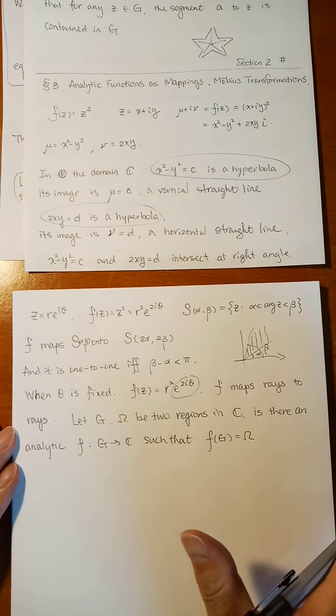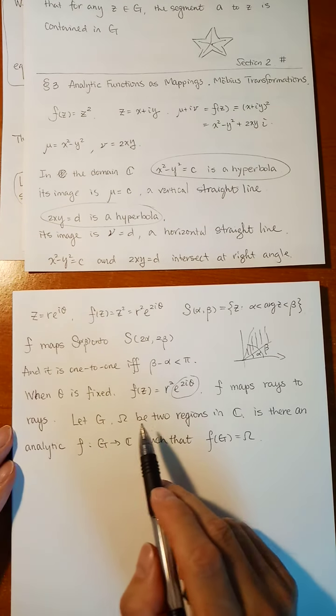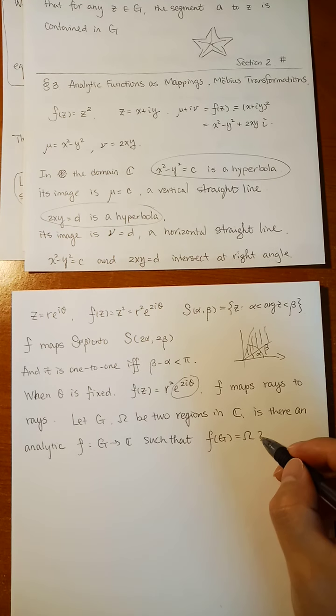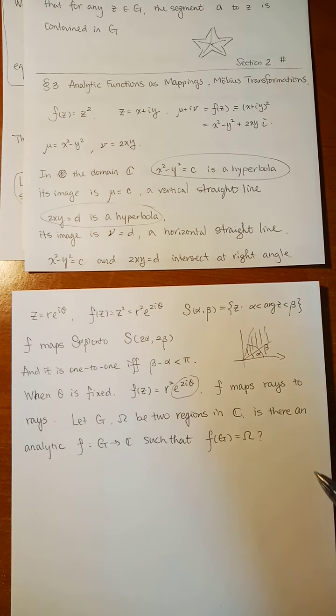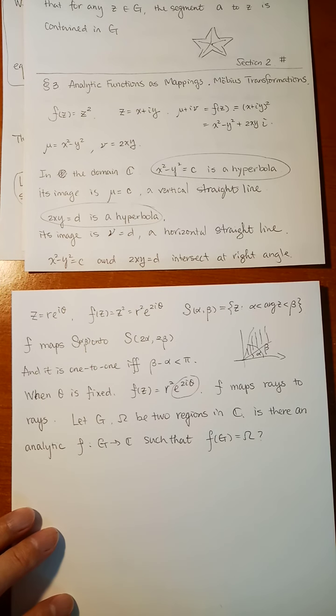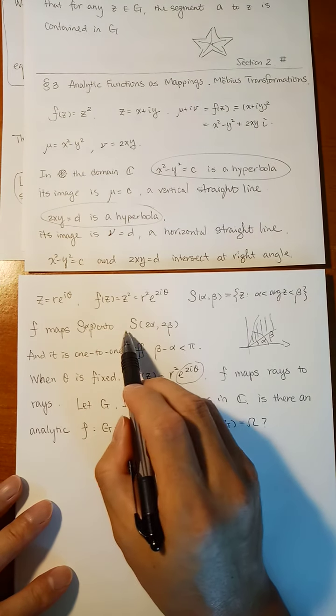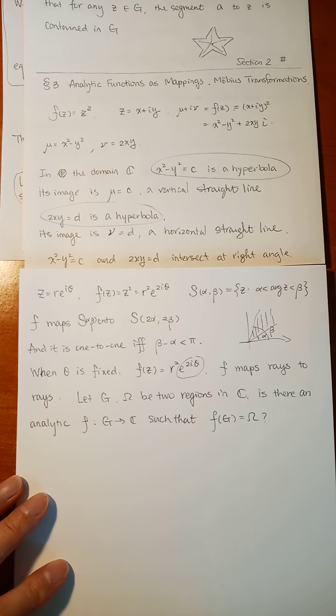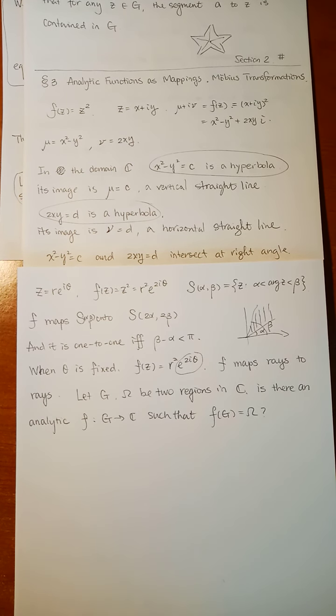So can we have an analytic function between those two selected regions? Okay, so we want to get a mapping between those two given regions. Is this possible or not? Here, we just choose a square. But for the general open regions, do we need any conditions or not? Okay? So we will see the partial answer of such questions in this section.